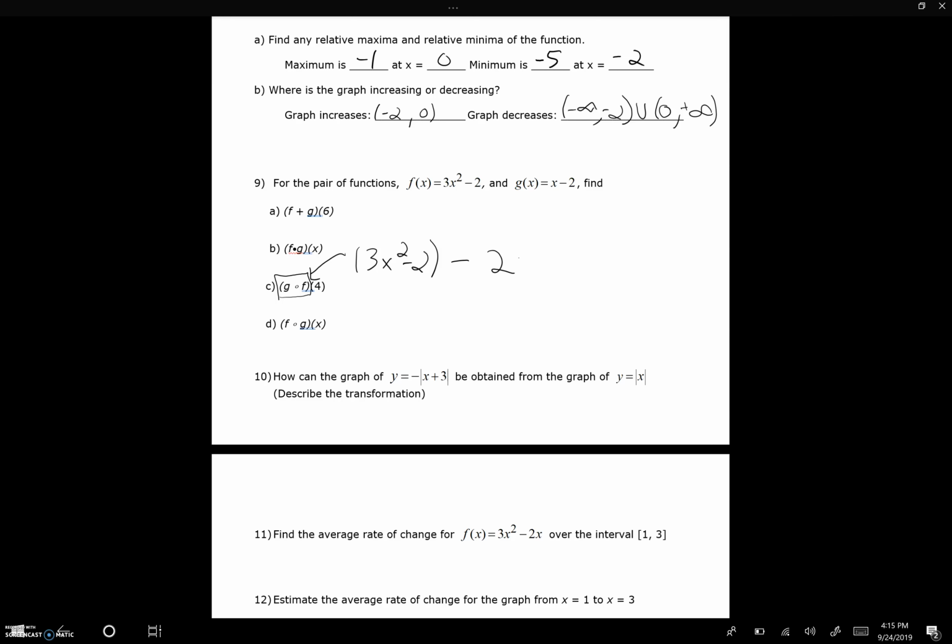So it is just going to be, and this is almost like adding them, but a little bit different, 3 times 4 squared, and then minus 2 is going to be minus 4. So 4 squared is 16 times 3, I think is 48, minus 4 equals 44. Okay.